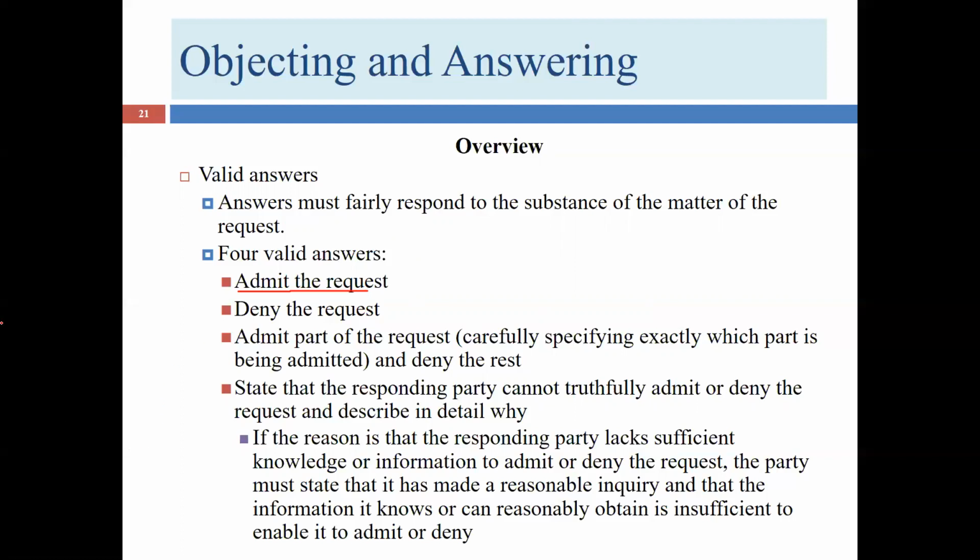Then there's probably going to be some that you're going to deny, where you say, oh no, we didn't cause the accident or whatever. There may be some that are a hybrid, where you admit a portion of it and deny others. Now that may sound like the question might be a compound question, and it might be, but there may also be some aspect to it that even though it's not a compound question, you could admit to portions and not others.